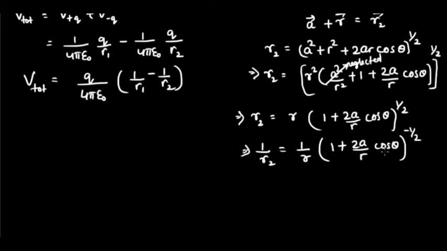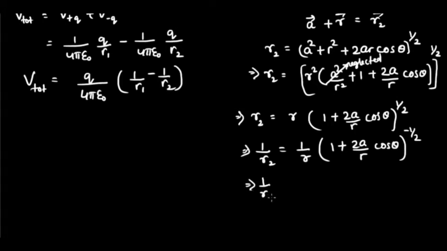Again, since the dipole is a short dipole, this 2A by R term will be very small as compared to 1. That's why if we use the binomial theorem, then this power minus half will be multiplied in the term 2A by R cos theta, because it is very small as compared to 1.